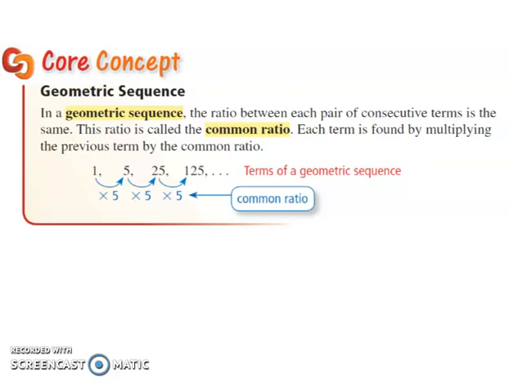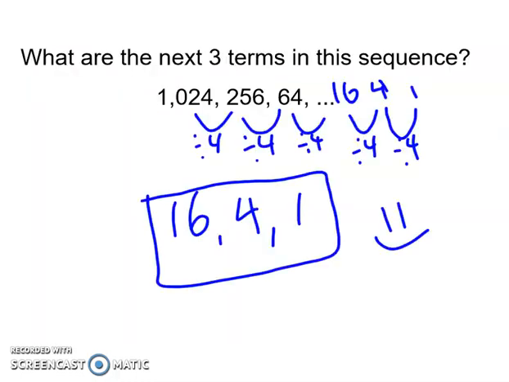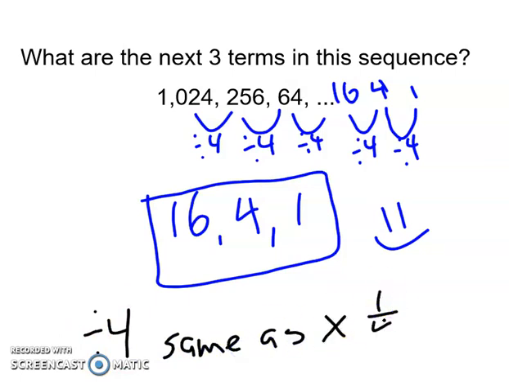Now, real quick, if we go back to this example here, we were dividing by 4. Right? So were we really multiplying? Yeah, we were. Remember, if we're dividing by 4, that's the same as multiplying by 1/4. Okay?